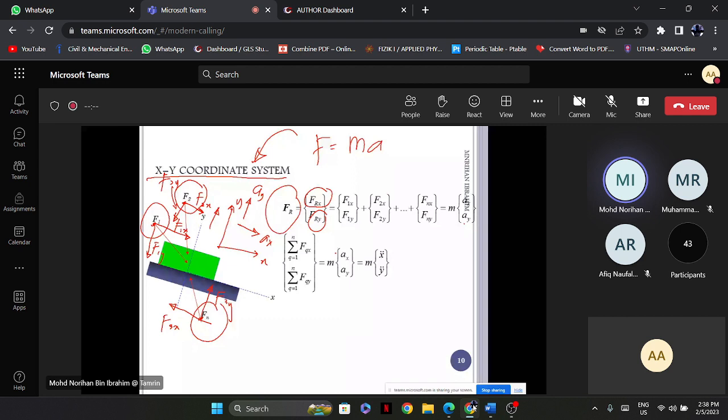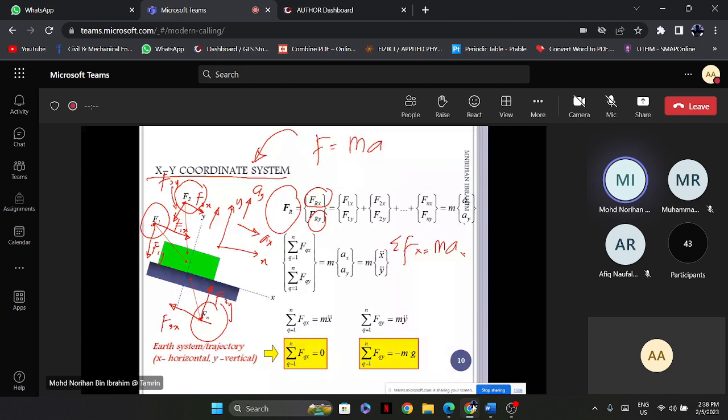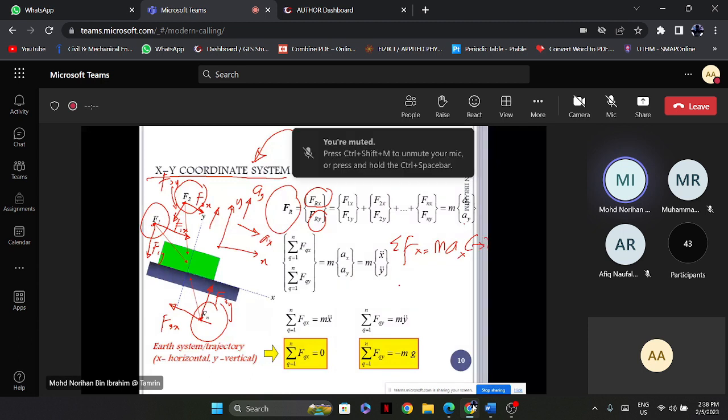And for this one, we can write down the equations, as you can see here, and simply write down the equation of the sum of F_x is equal to m a_x in these directions. The sum of F_y is equal to m a_y upward.